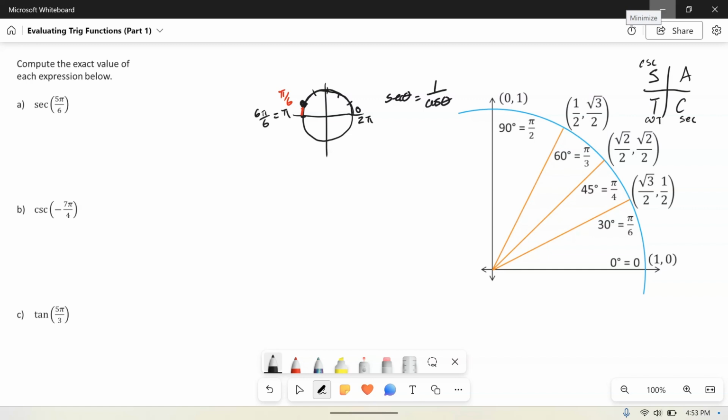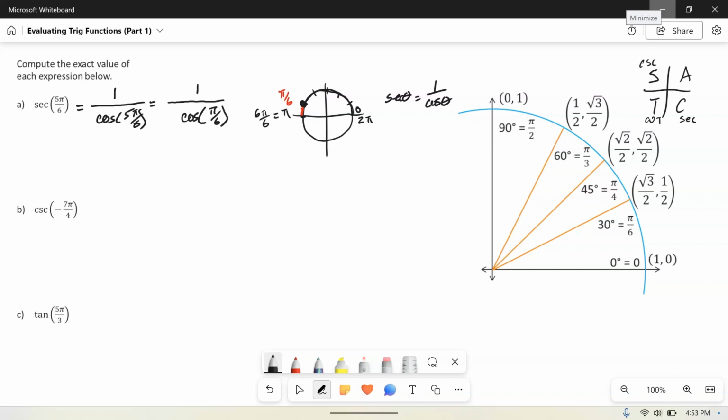So if I'm trying to compute the secant of 5 pi over 6, that means I can really compute 1 over the cosine of 5 pi over 6. And from there on out, it's stuff we've already been doing. We know cosine of 5 pi over 6 has to be the same as cosine of its reference angle. So cosine of 5 pi over 6 has to have the same value as cosine of pi over 6.